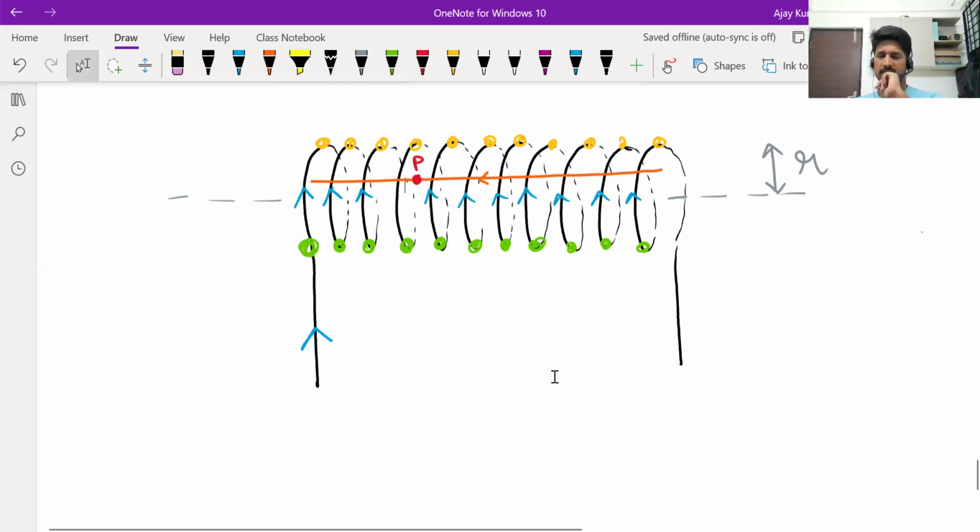Can we use the element method? It will be too complicated. What did you say? The voice was not clear. It will be too complicated. Why?